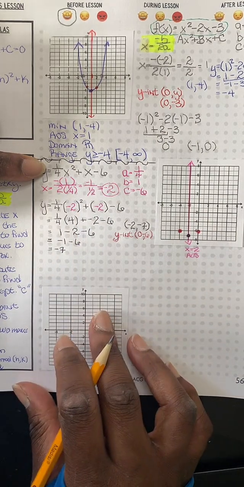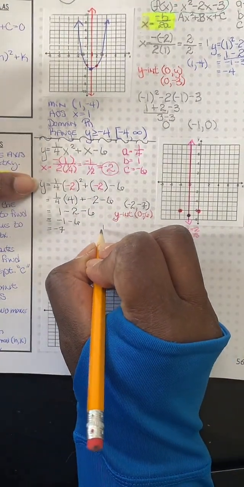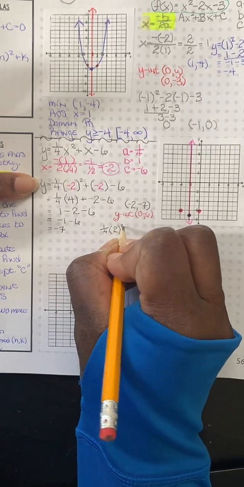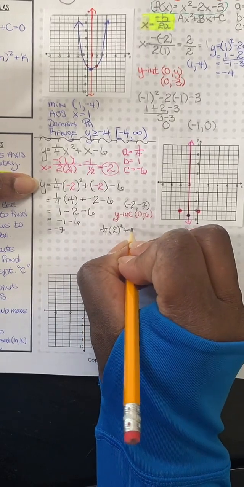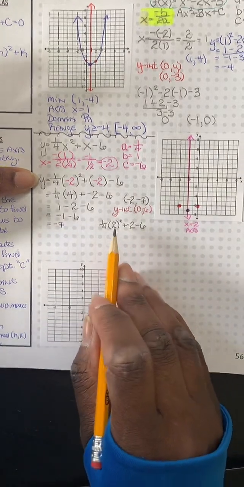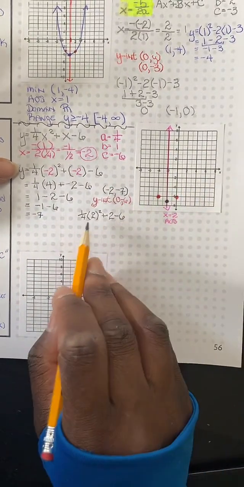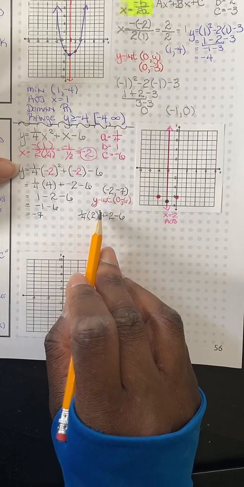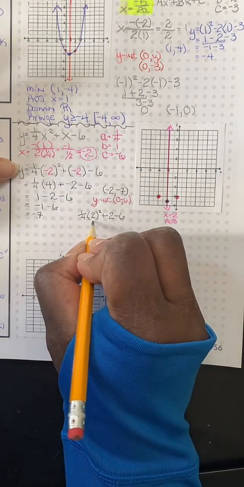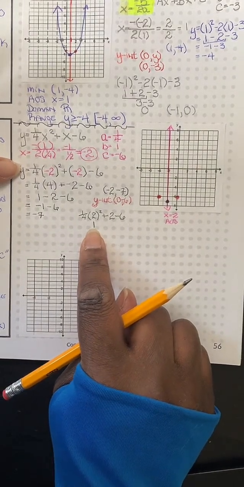So I have 1/4 times 2 squared, plus 2 minus 6. 2 squared is 2 times 2, which gives me 4. 4 divided by 4 gives me 1. See how much nicer that is?